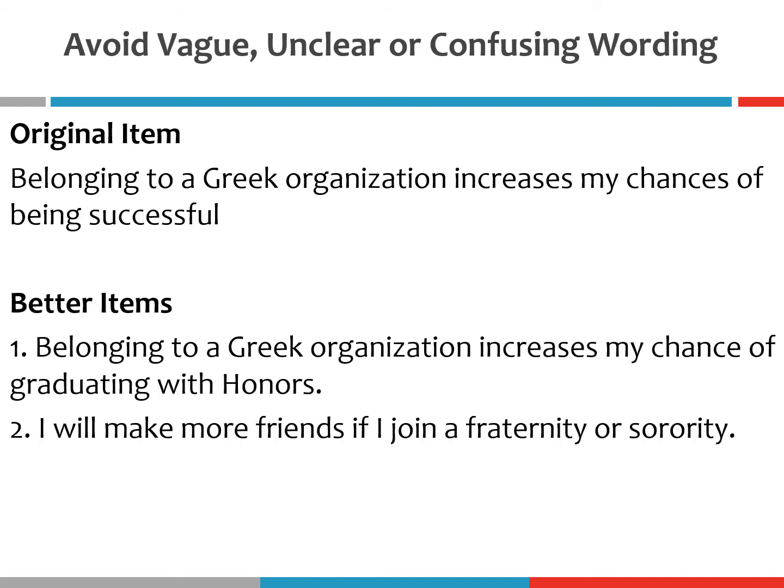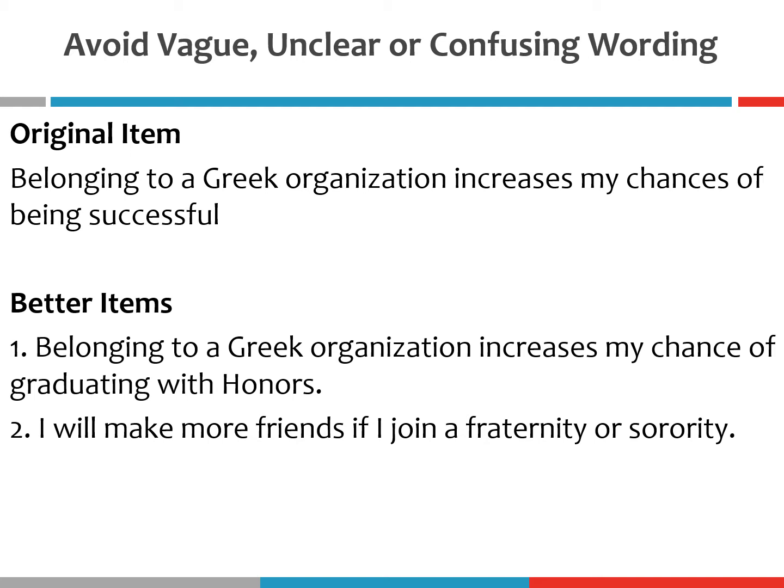Better items that more clearly define "successful" for our respondent might include: belonging to a Greek organization increases my chances of graduating with honors. That's an index of academic success.